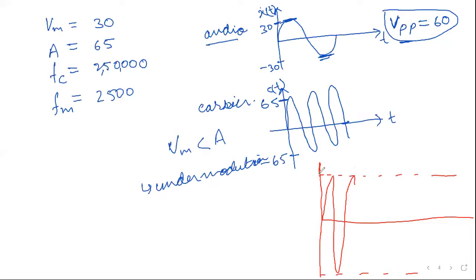Now, let me take another color. So if this is 65, you have to take the modulating signal from this reference itself, so the modulating signal will be like this.